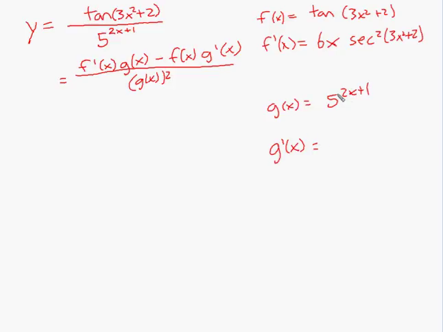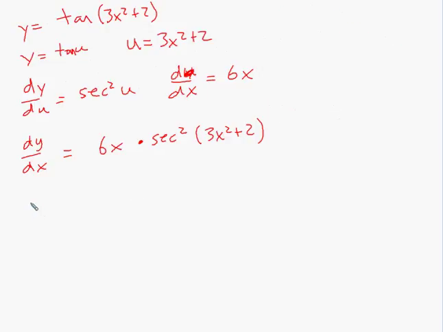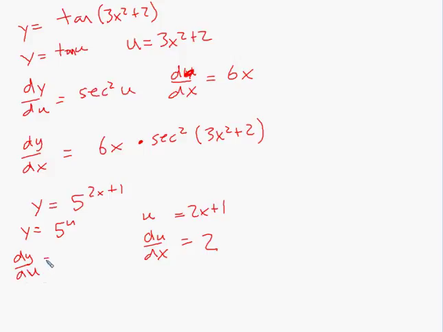Okay, now I need the derivative of this, 5 to the 2x plus 1. So y equals 5 to the 2x plus 1. What's u? It would be 2x plus 1. Yep, 2x plus 1. I take the derivative of u with respect to x. Pretty simple, it is just 2. Then y is 5 to the u, and the derivative of y with respect to u is natural log 5 times 5 to the u.